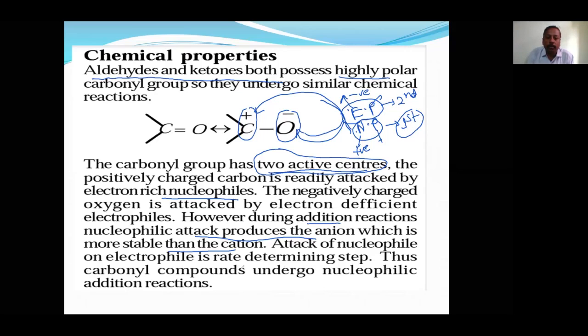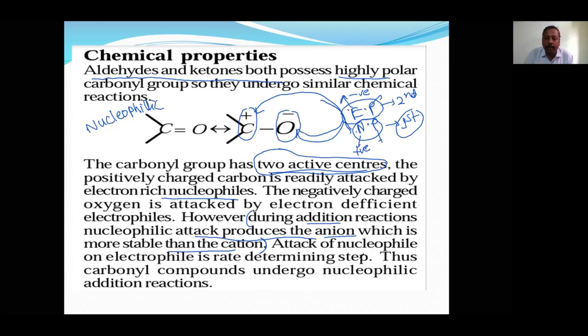Thus these compounds undergo nucleophilic addition. If the question comes, why do they undergo nucleophilic addition, for 2 marks you write: during addition reaction, nucleophilic attack produces an anion which is more stable than a cation.